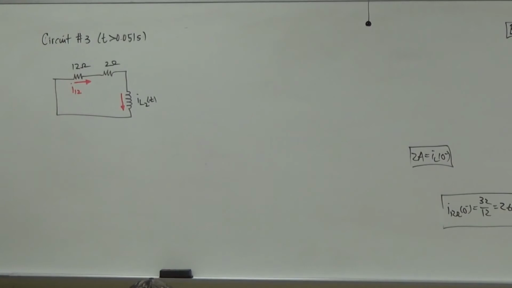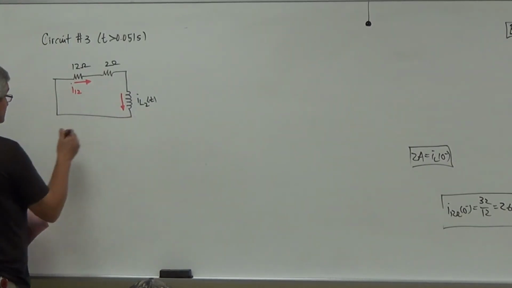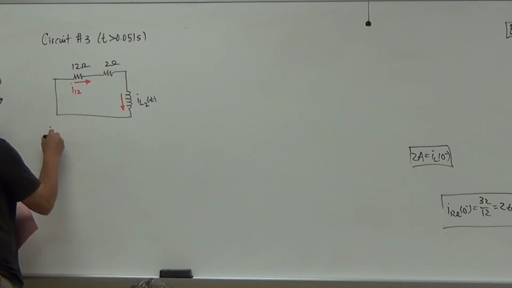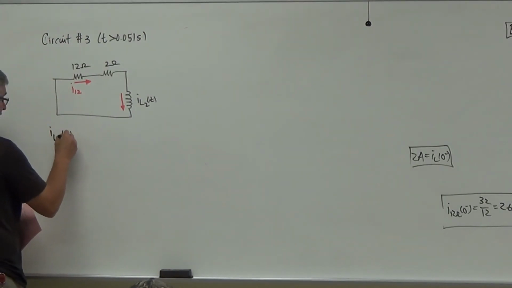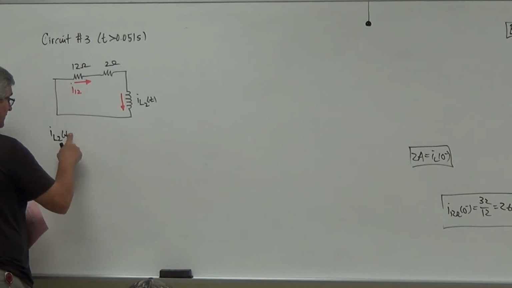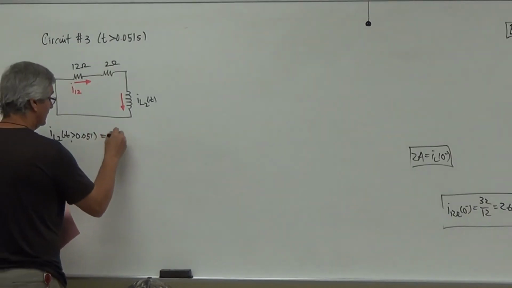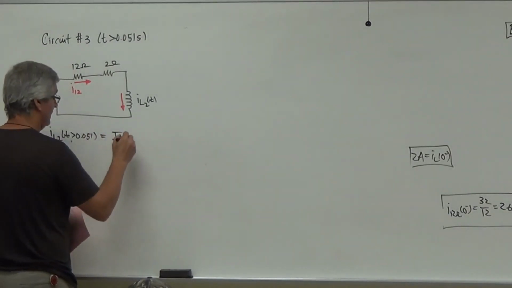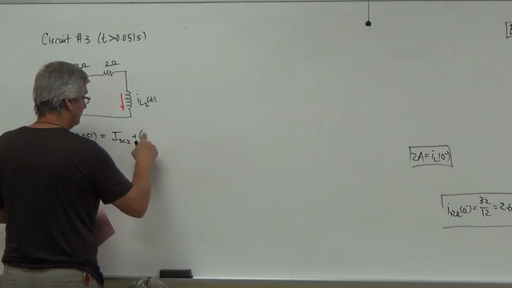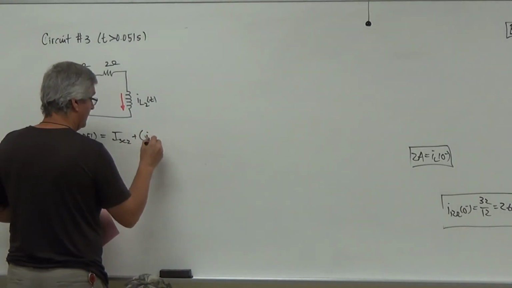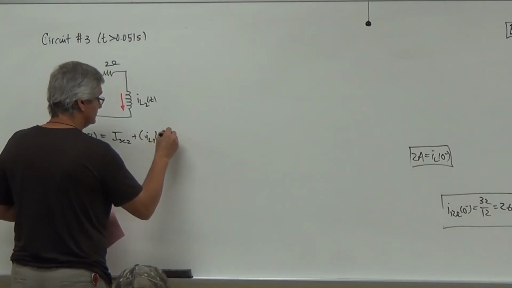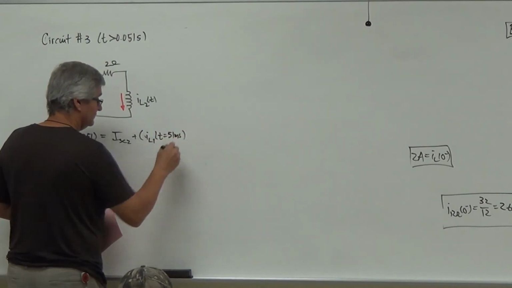So I got to do the exact same thing now. The solution here is that IL2 of t, for t greater than this value, has to be I short circuit 2 plus IL1 at t equals 51 milliseconds, right?